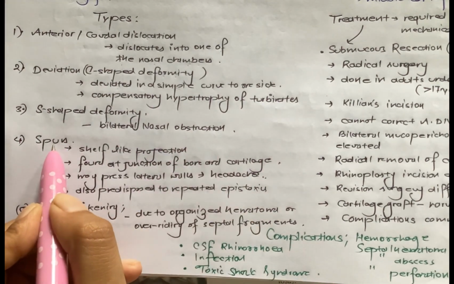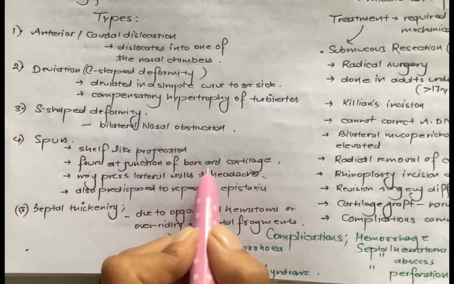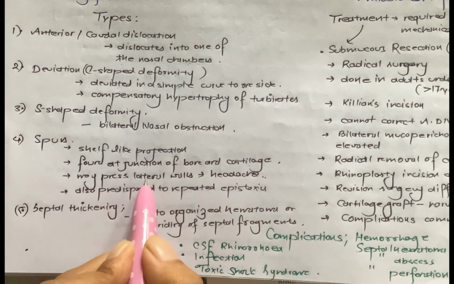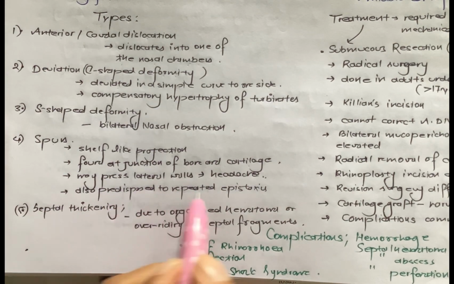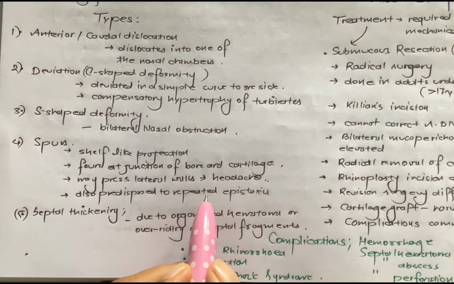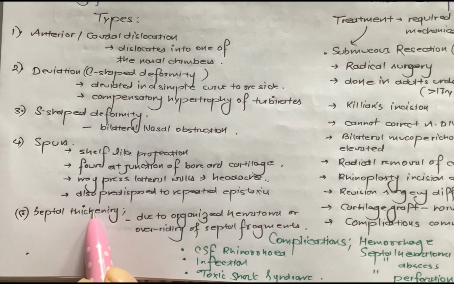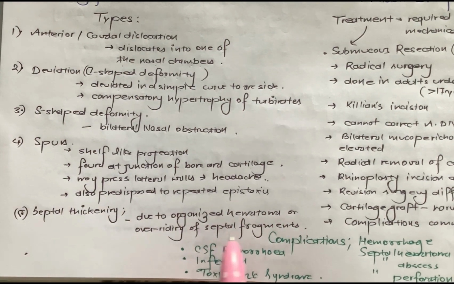In spurs, there are shelf-like projections found at the junction of bone and cartilage. They may press on the lateral walls and lead to headache, and are also predisposed to repeated epistaxis. And septal thickening is due to organized hematoma or overriding of septal fragments.